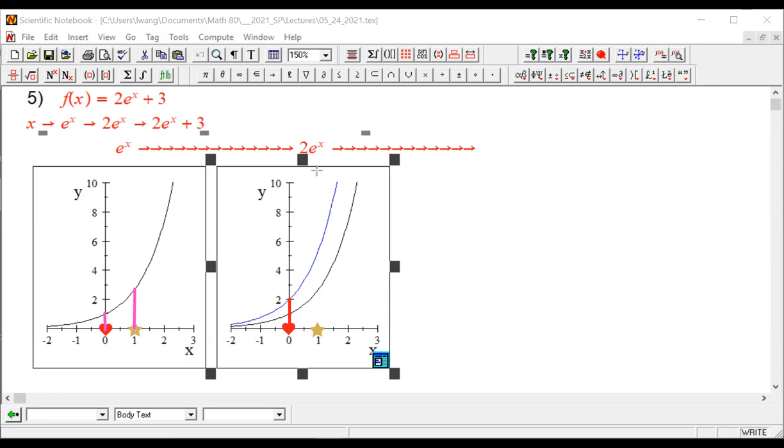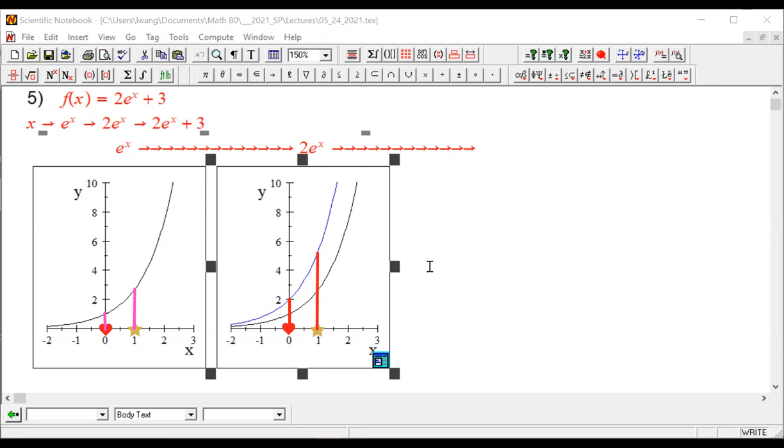The output for 2 times e to the power 1 is going to be on the blue. So that's what we're getting. So the red, which is the output for the same input 1, you can see the red is twice the height of the purple. So that's the doubling effect. Got it?